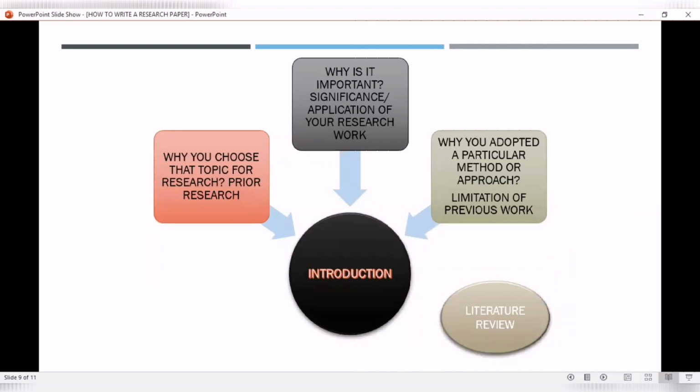Introduction. So before writing introduction, you must be careful: if your introduction is able to answer the following questions, it means you have written a good or the best introduction.